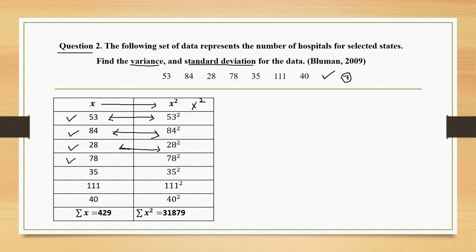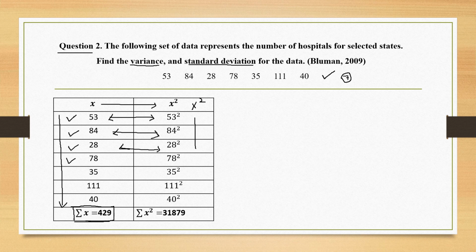After taking the squares, in the last row we find the sum of all x. We add all the numbers: 53 plus 84 plus 28 plus 78 plus 35, and so on. So the sum of x is equal to 429.